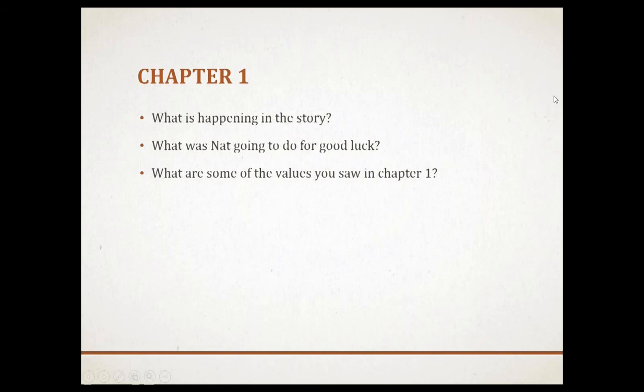So Nat's heard this story that if you hold the piece of silver, he's found a shilling, and if he shakes it when there's a full moon, then they'll have good luck. So he's this young little boy, and he's going to try this to bring good luck to his family. Go ahead, Griffin. You have a question?